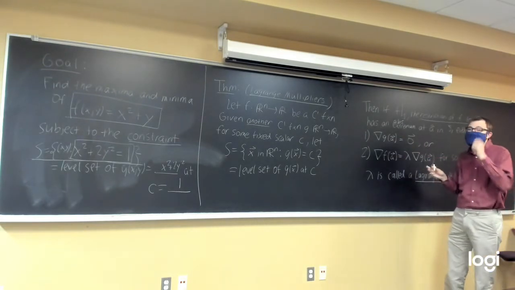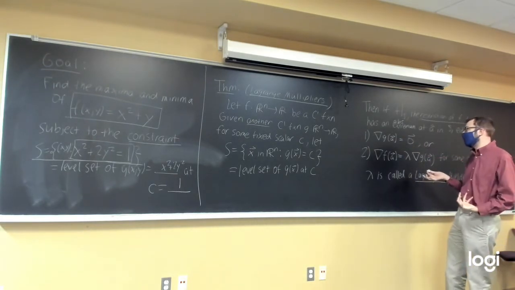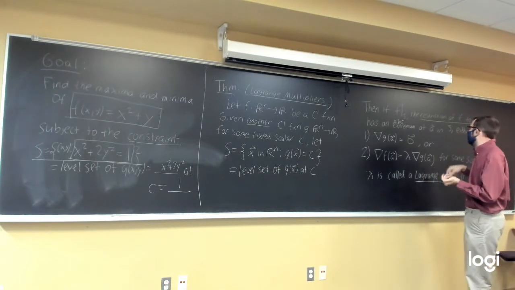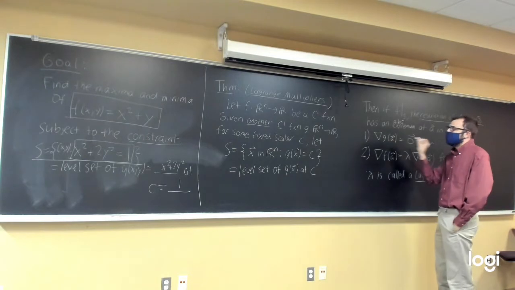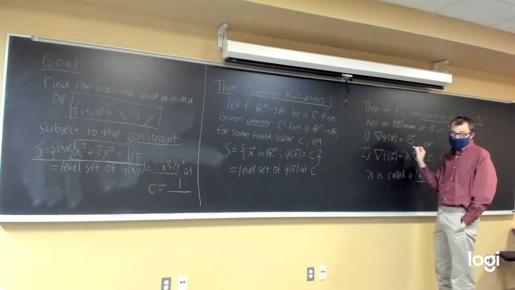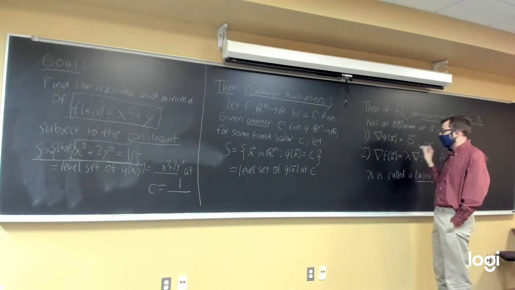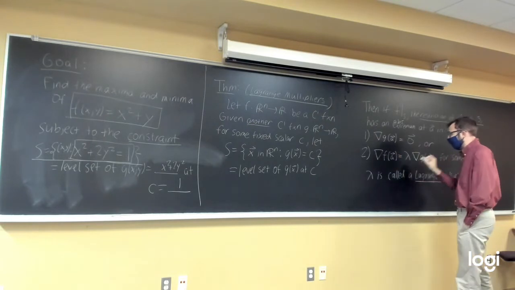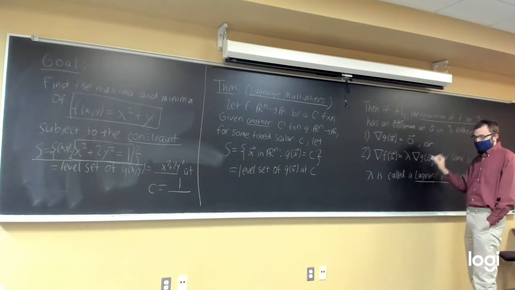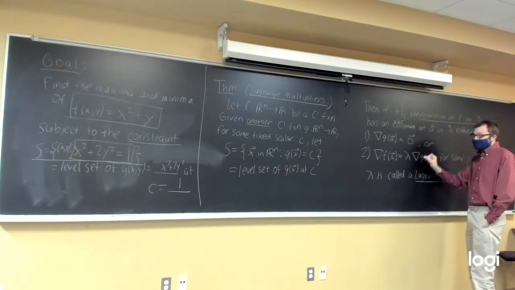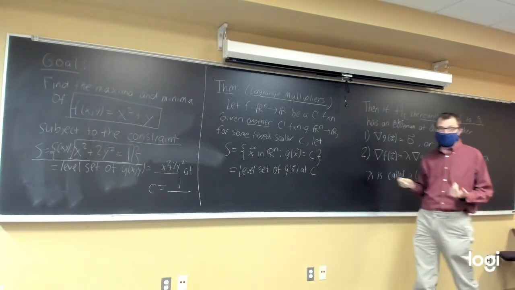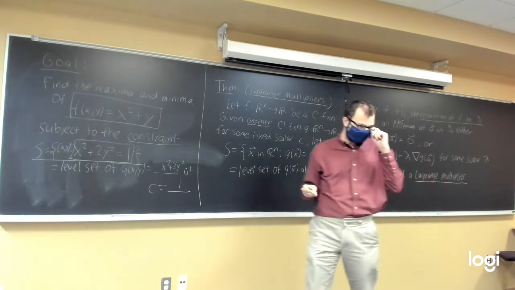Either the gradient of g, evaluated at wherever your absolute max and min are, has to be the 0 vector at that point, or the gradient of f evaluated at that point is going to be equal to some scalar multiple lambda times the gradient of g taken at that point.